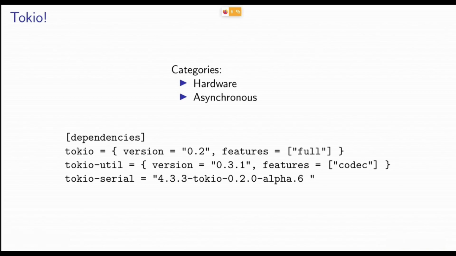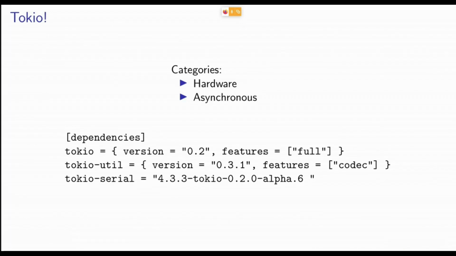So let's go to Tokio. I hope most of you know what Tokio is. It's a really fun asynchronous library with really fun features. For now, let's focus on tokio-serial. However, we will need tokio-util later on, so I will introduce it here already.